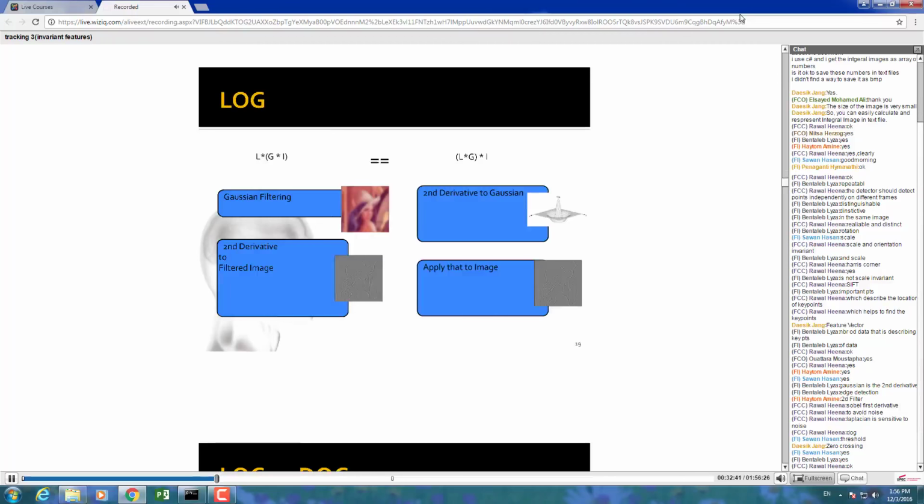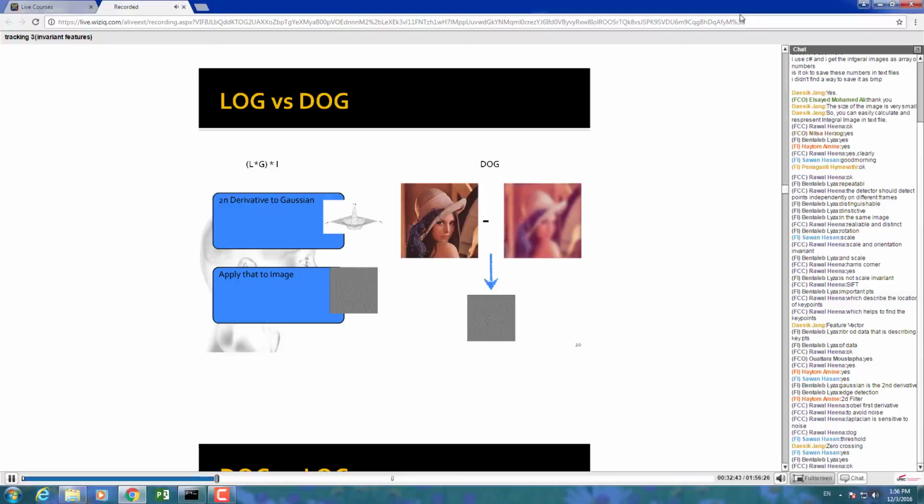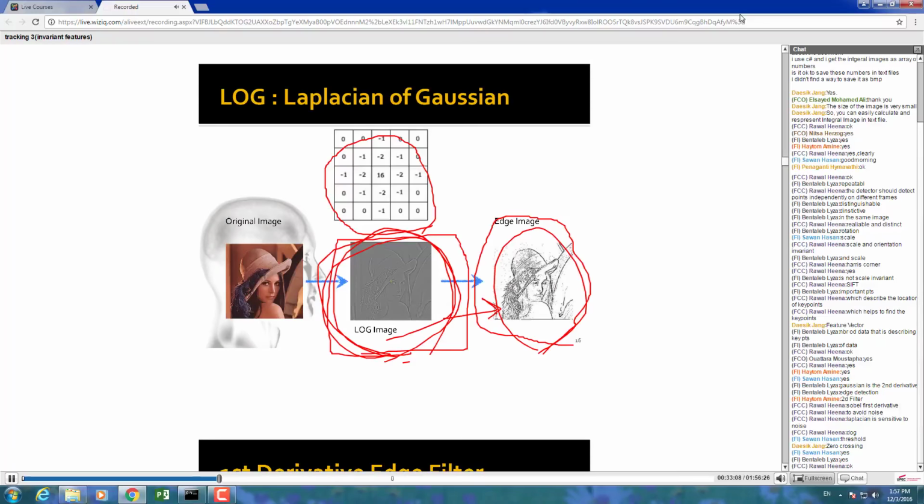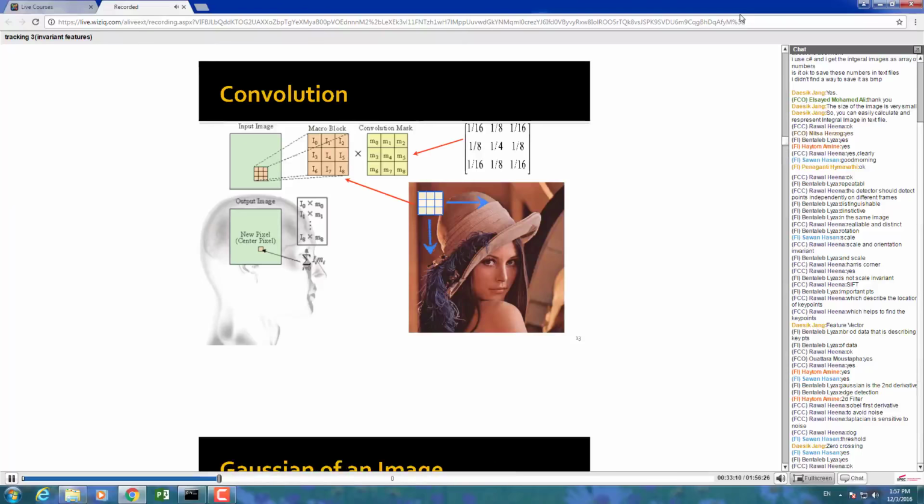By the way, LOG is the Laplacian of Gaussian. The Laplacian of Gaussian means we have to apply a second derivative to the Gaussian function. The Gaussian function itself is a very complicated function.